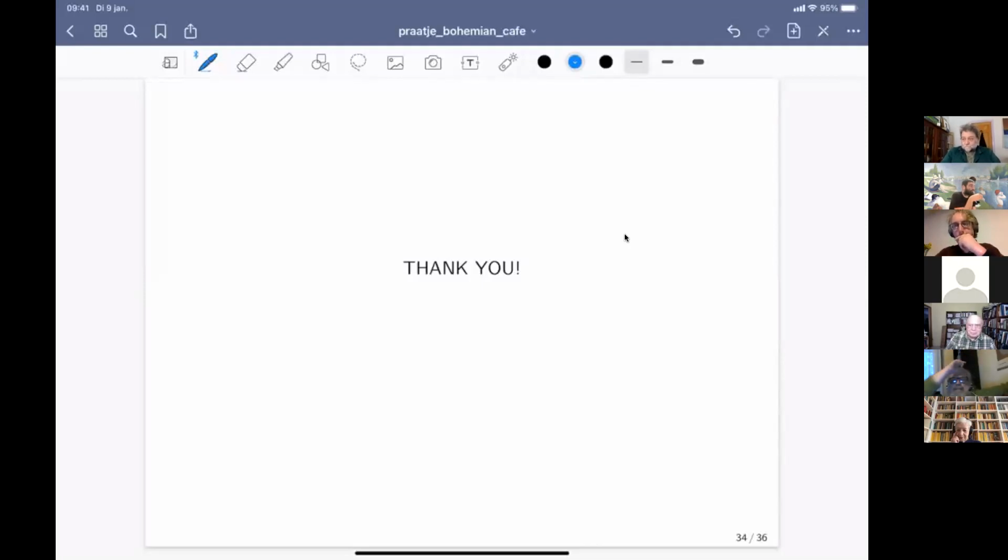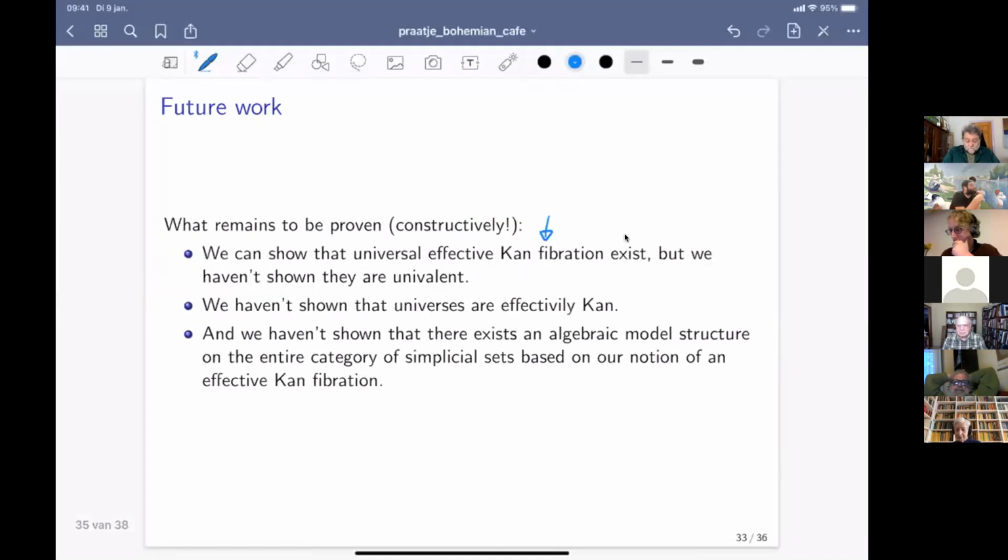There was something at the end of your talk. You said it's a problem to extend it to the full category of simplicial sets. Maybe I've misunderstood something, but I thought you defined an algebraic weak factorization system within simplicial sets, so what do you mean here?